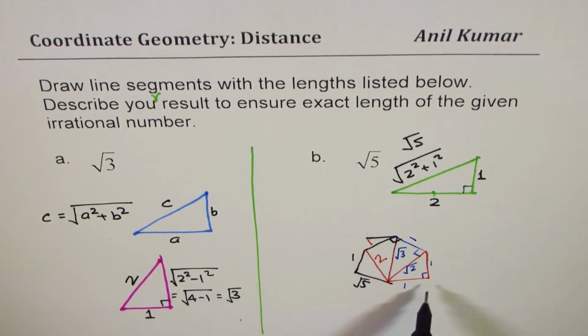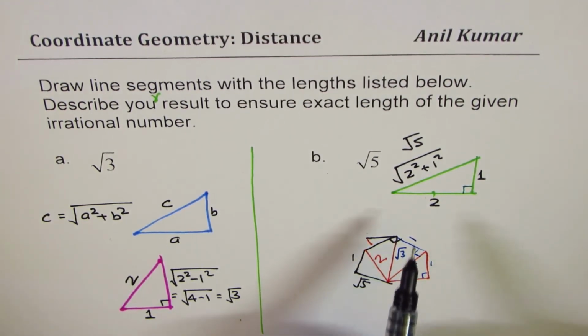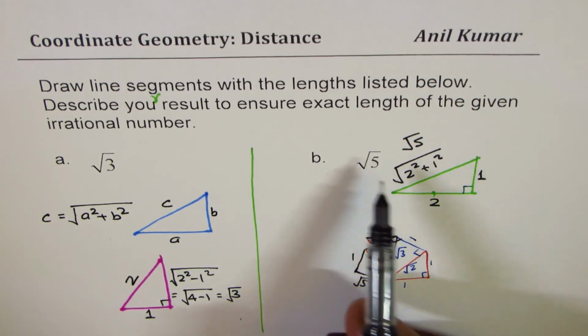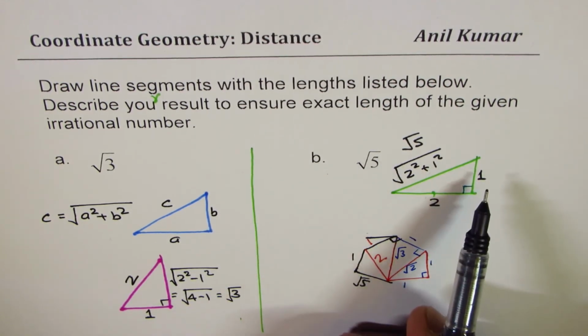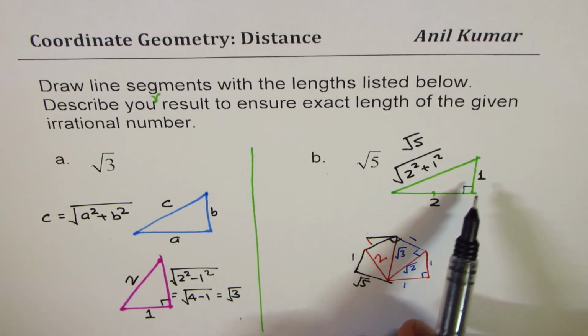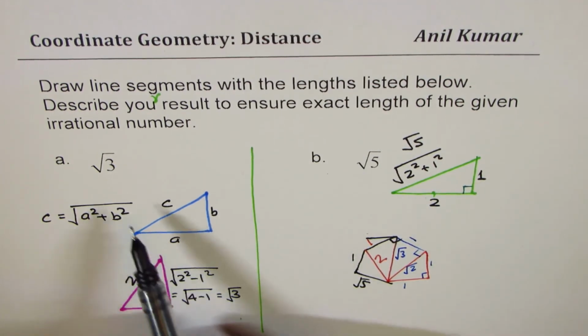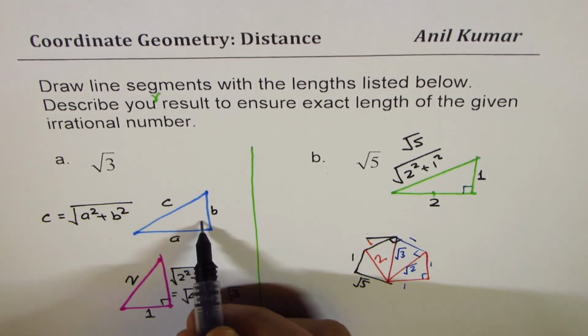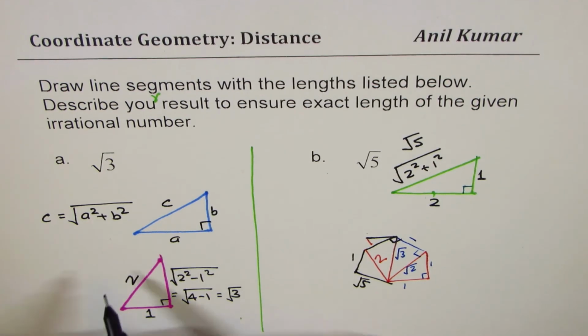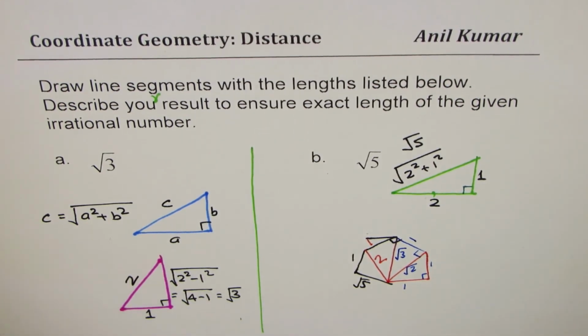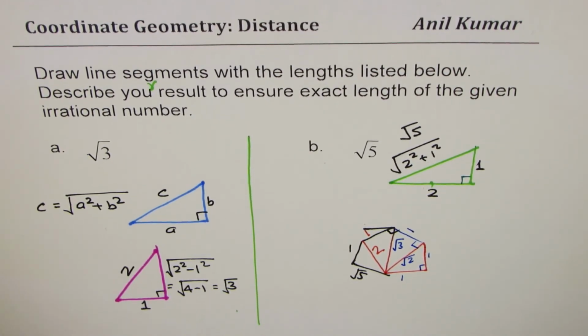So anyway, that was an alternate way of doing it, but I'll prefer to straight away draw my triangles for these values. For square root 5, 2 and 1 will give me square root 5, and for square root 3, I will like to draw like this, where the hypotenuse is 2, one of the sides is 1, and the other side will be square root 3, correct? But there are many ways to do them.